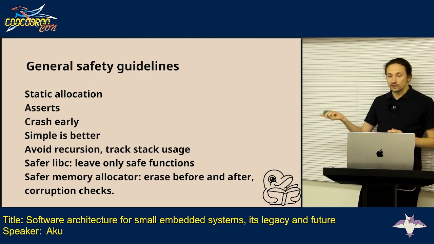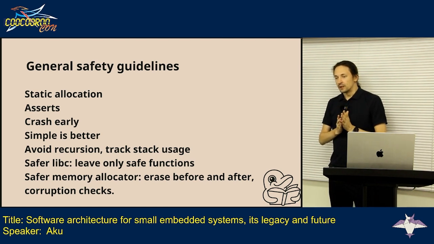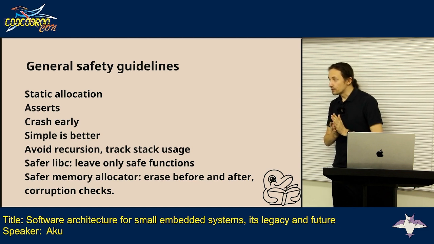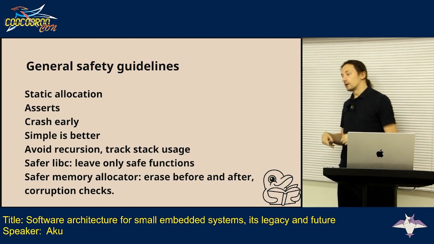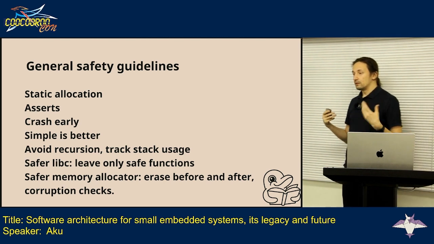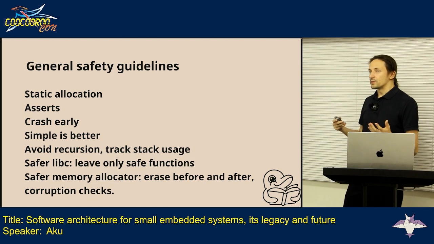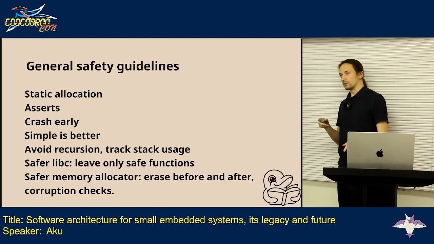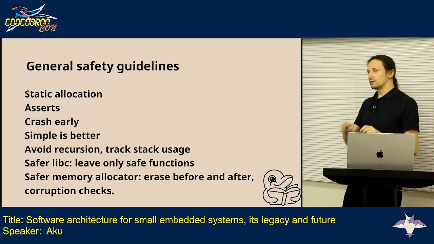So, memory allocator. One of the things that we found super useful is to change the behavior of the libc. We have malloc, we have free, and when they allocate memory, they don't give you a promise if it will be clean or not. So what we did, we started to clean up memory on allocation, so basically fill it with 0.